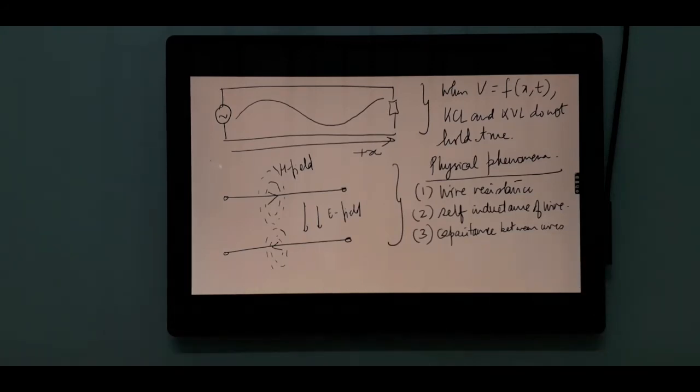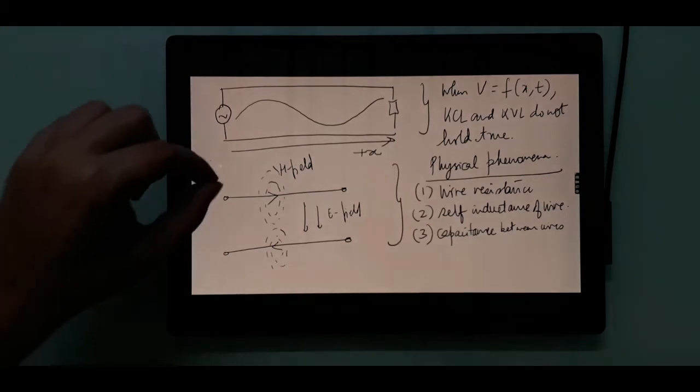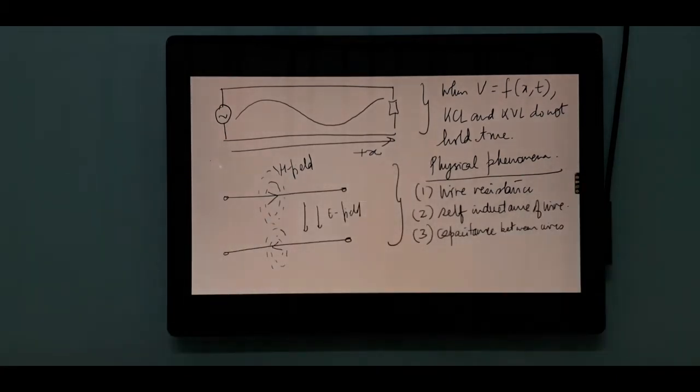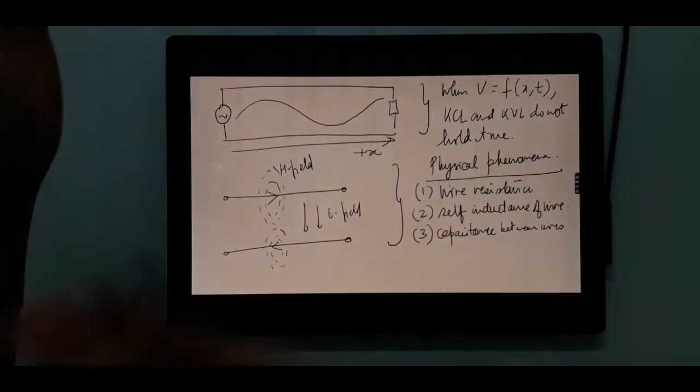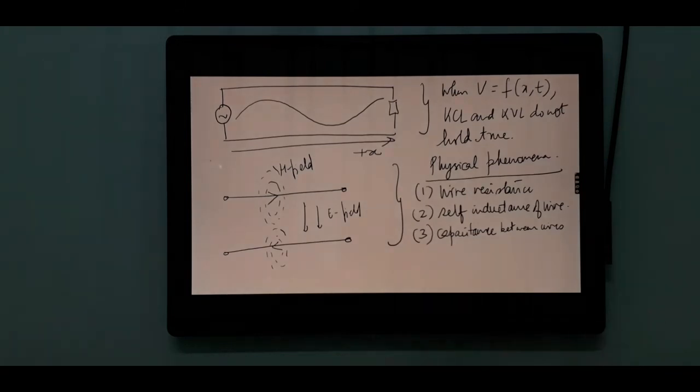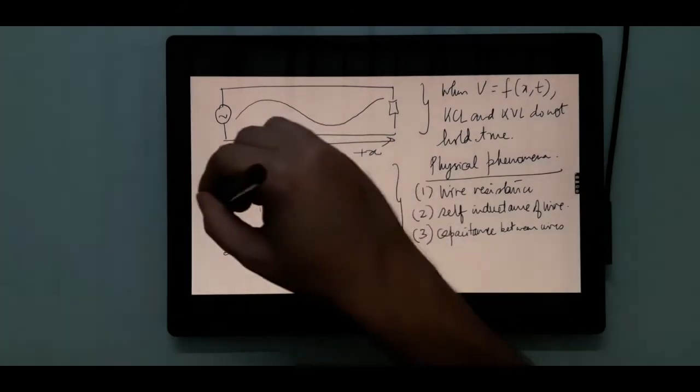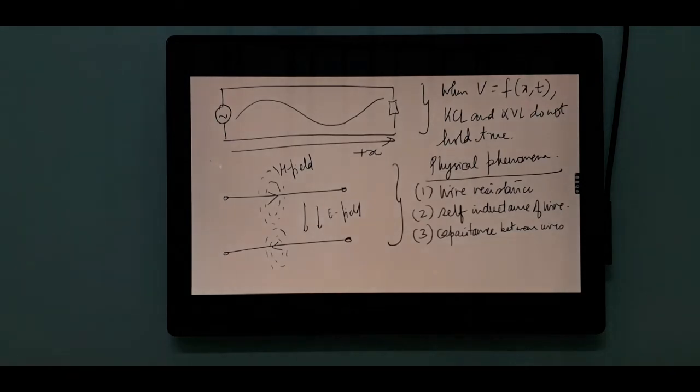The final phenomenon, or the fourth phenomenon that happens, is again due to the two conductors, or rather what lies between them. When I have two conductors, what lies between the two conductors? Generally air. Only these two wires are conducting. Between them is space or any insulating material. Converse to a conductor, an insulator should never conduct.